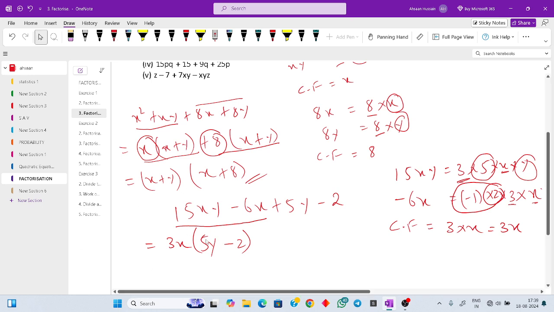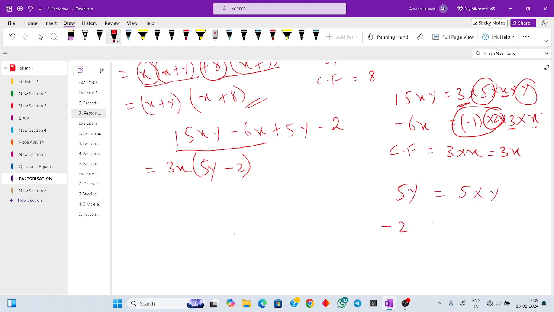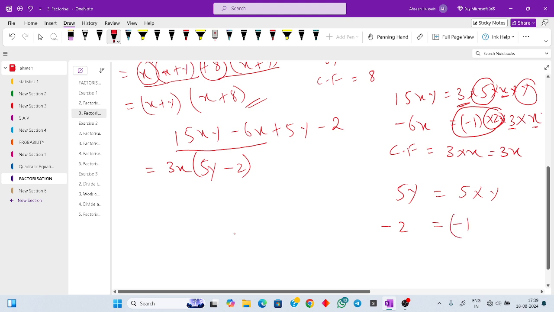And what is the common factor of 5y and minus 2? So 5y means 5 multiplied y, and minus 2 means minus 1 multiplied by 2. So as you can see, there are no common factors. So we'll write multiply 1 like this. So the common factor is 1, positive 1. So what is left here? 5y is left.